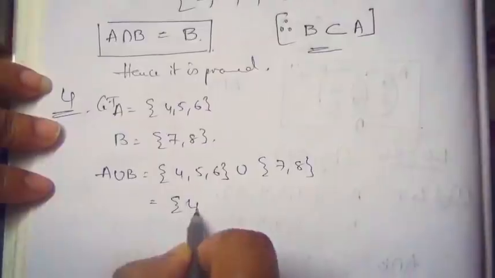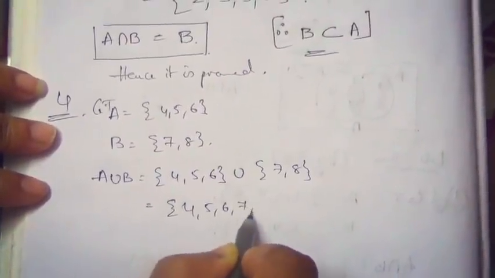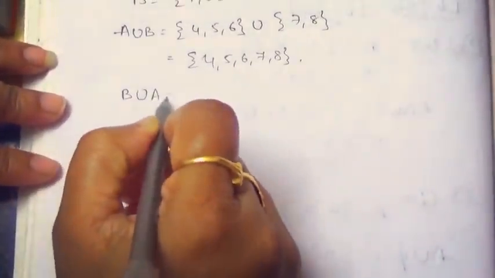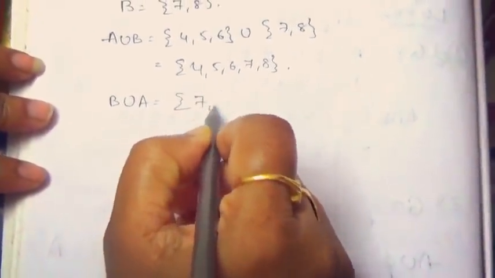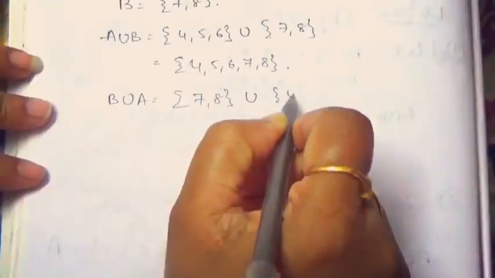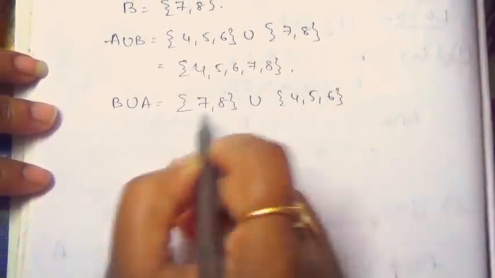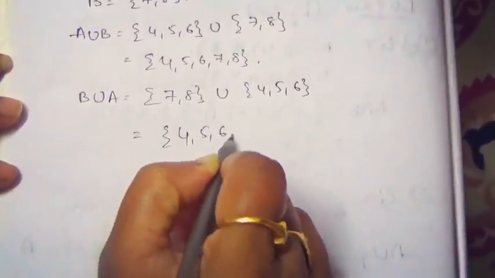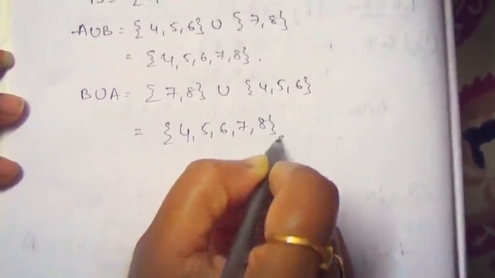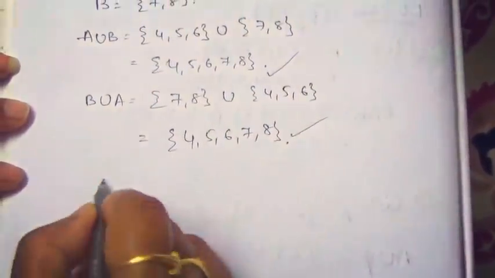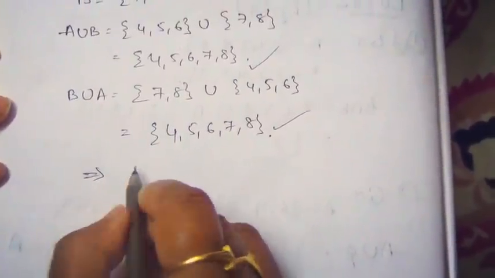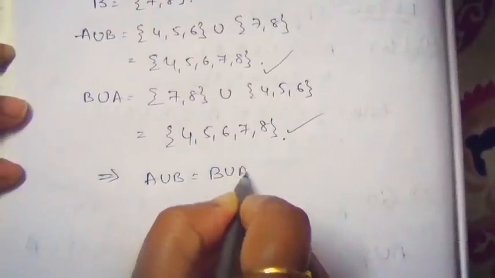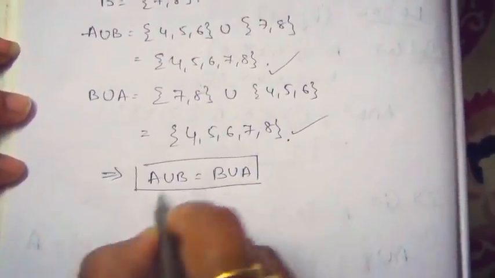All together, 4, 5, 6, 7, 8. Just like that you have to find B union A also. 7, 8 union 4, 5, 6. So all together you write here 4, 5, 6, 7, 8. So both the sets are equal, hence the given A union B is equal to B union A. Hence it is proved.